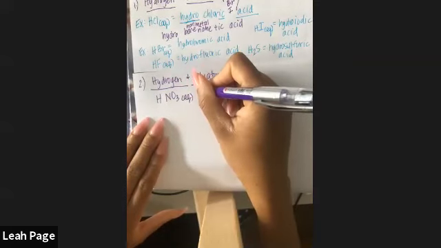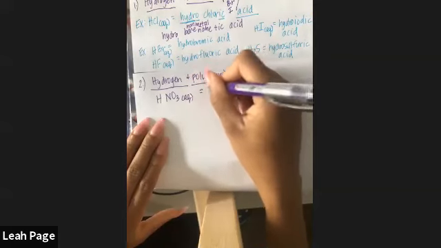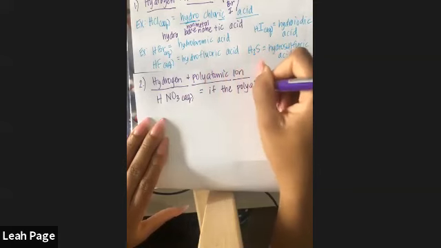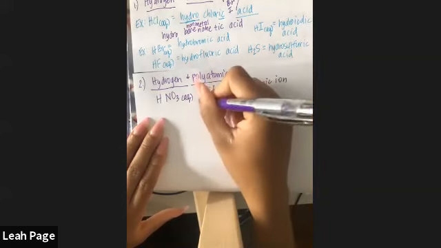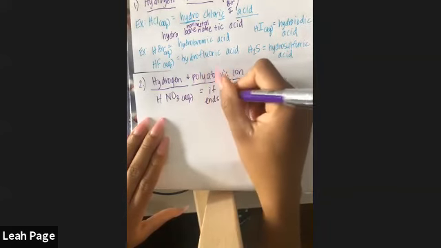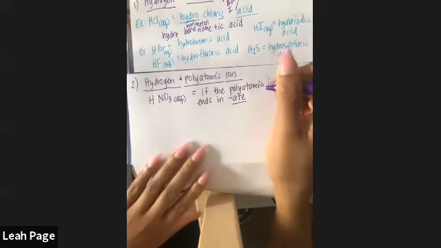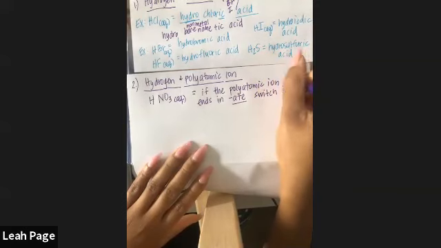If it's a polyatomic ion that ends in ATE, switch to IC.